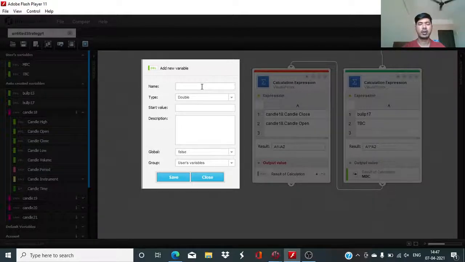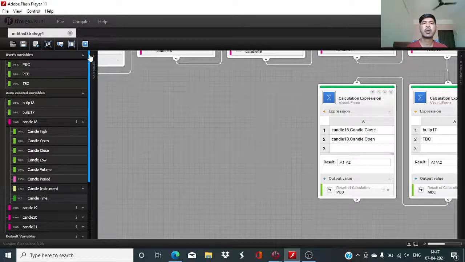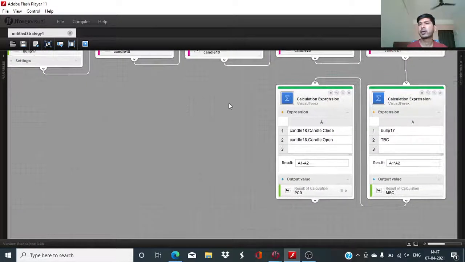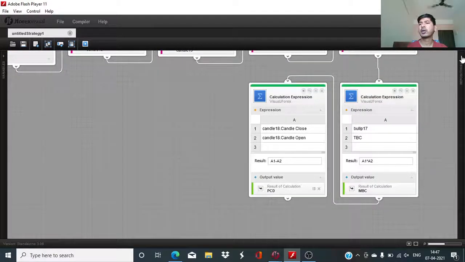So this will be positive candle difference, and then we will take 40% of it.